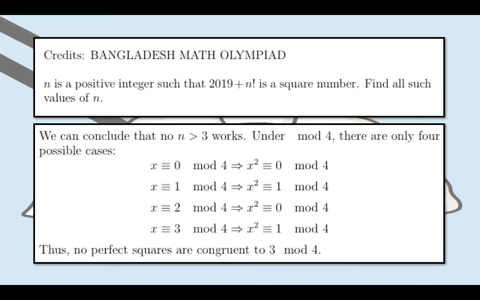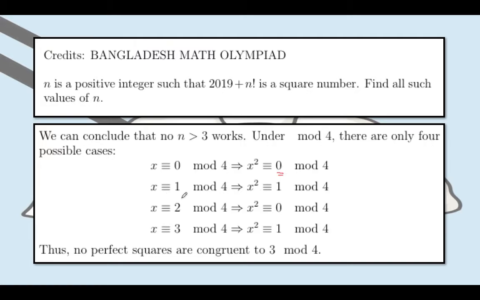Under modulo 4, obviously we have 4 possible cases. Some positive integer x is 0 modulo 4, 1 modulo 4, 2 modulo 4, or 3 modulo 4. Now squaring all of them: if x is 0 mod 4, x squared is 0 modulo 4, since 0 squared is just 0.